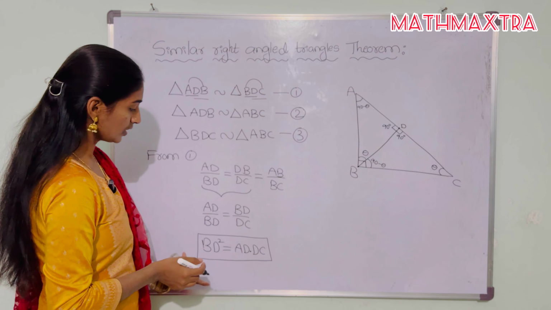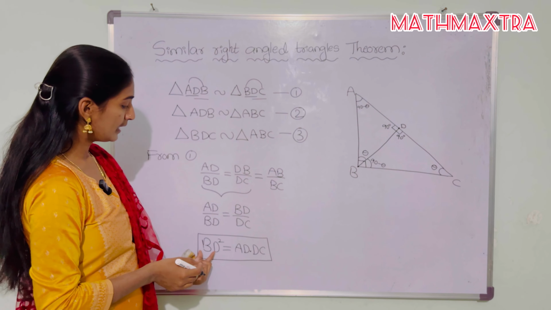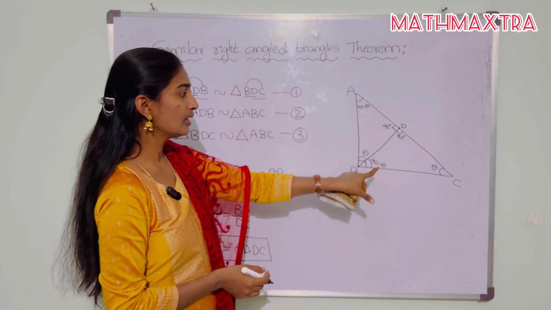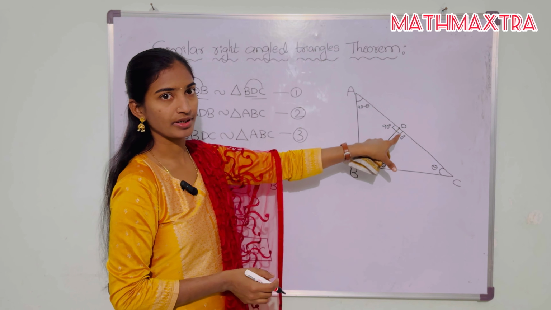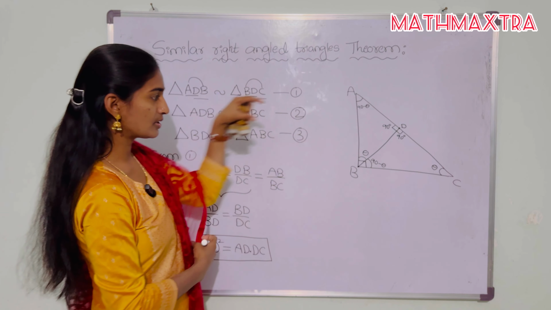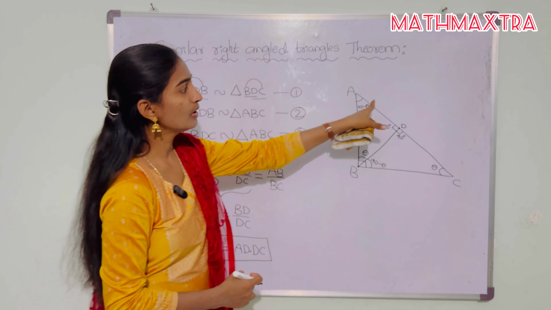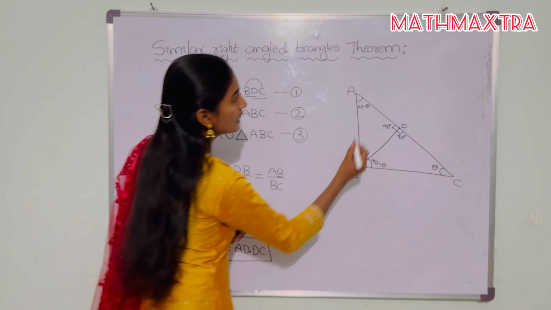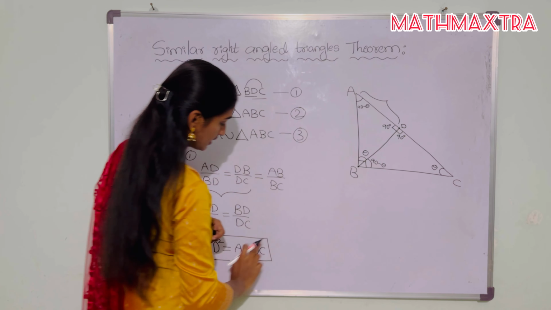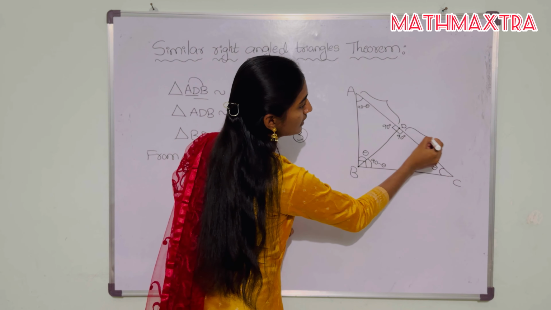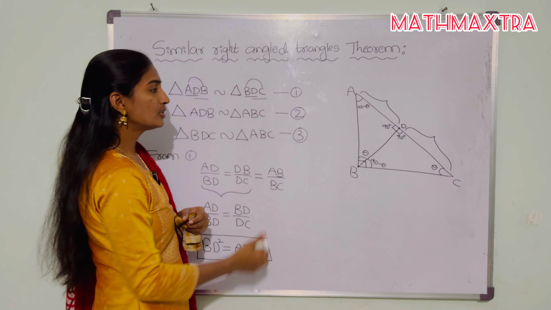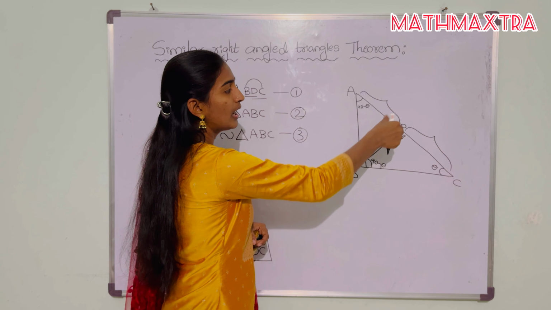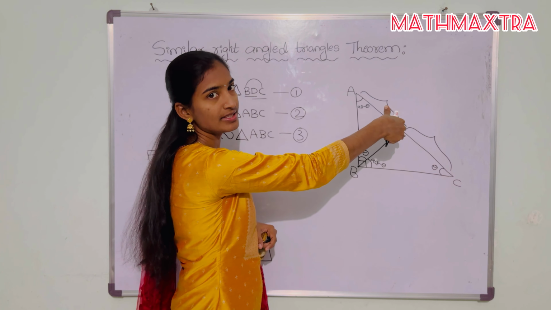So what does it represent? BD is nothing but a perpendicular, drawn through a vertex to the hypotenuse, whose square is always equal to the product of the parts of the hypotenuse. Here AD is one of the parts of the hypotenuse. What is DC? It is another part of the hypotenuse, isn't it?